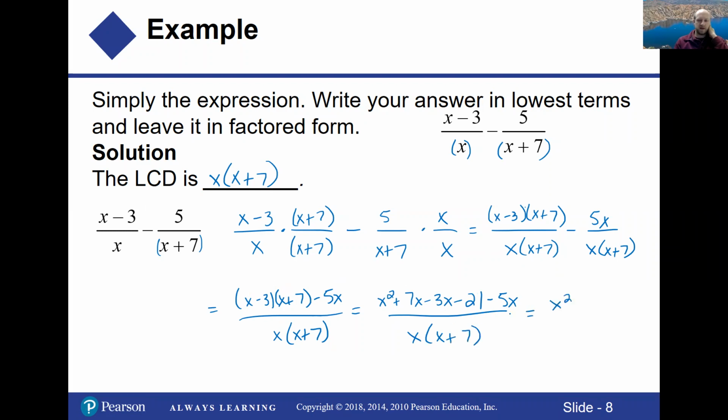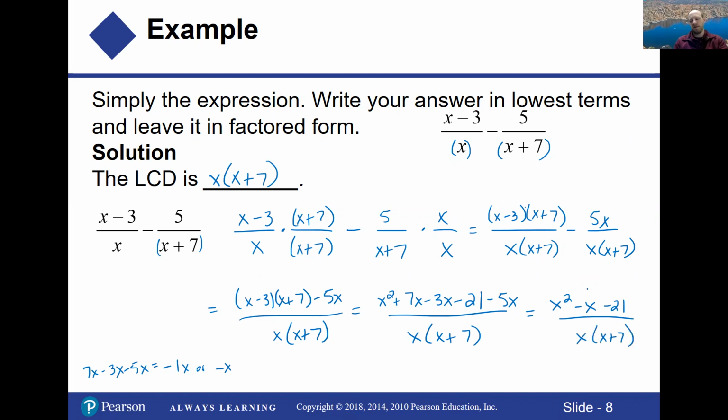I have an x squared, and then my common terms here are 7x, negative 3x, and negative 5x. When we take all of those together, that's going to give me a negative 1x, or just negative x. So it's x squared minus x minus 21, all over x times (x plus 7).